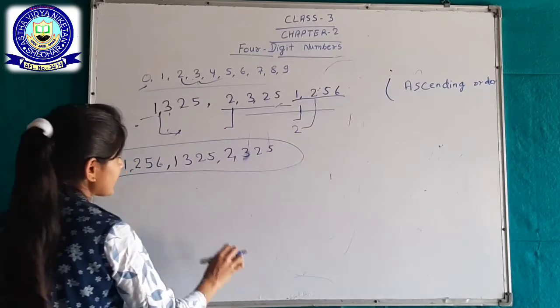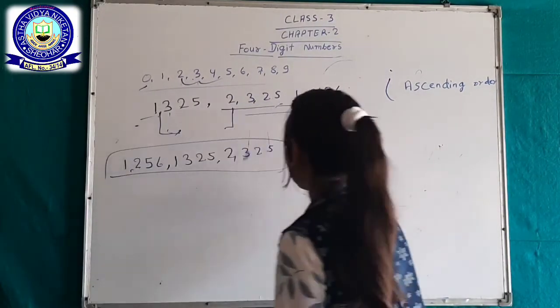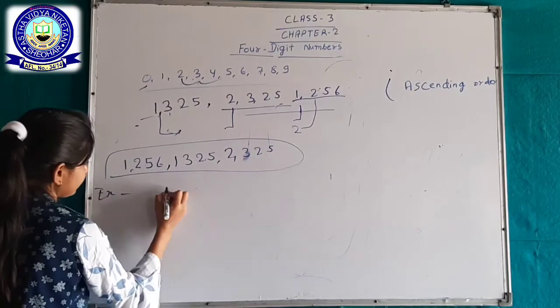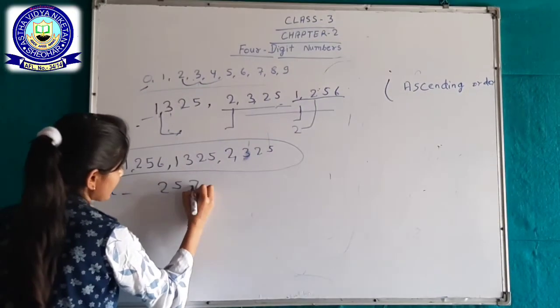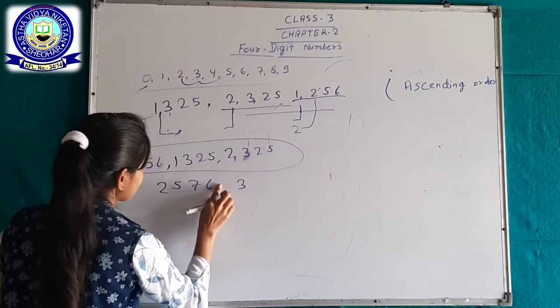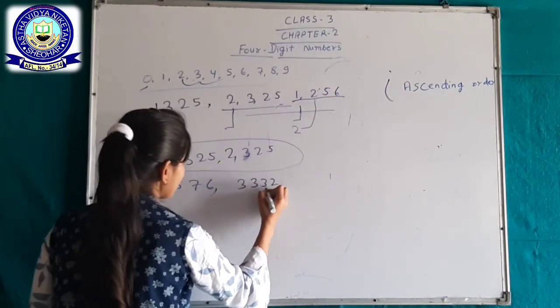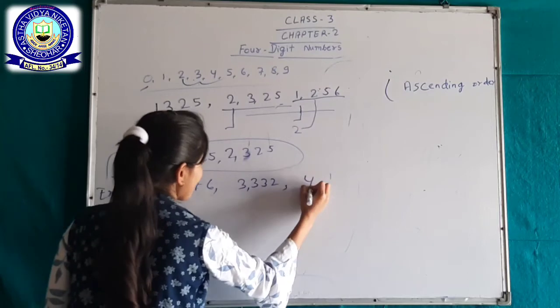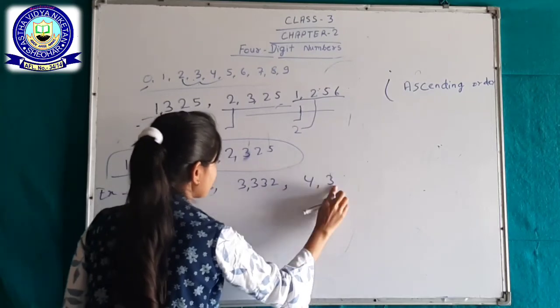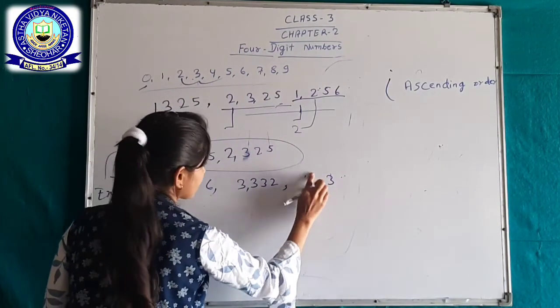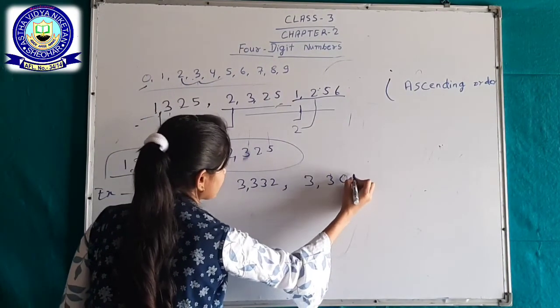And when we have to write it in descending order, take an example. 2576, 3,332, 4300, 3300.